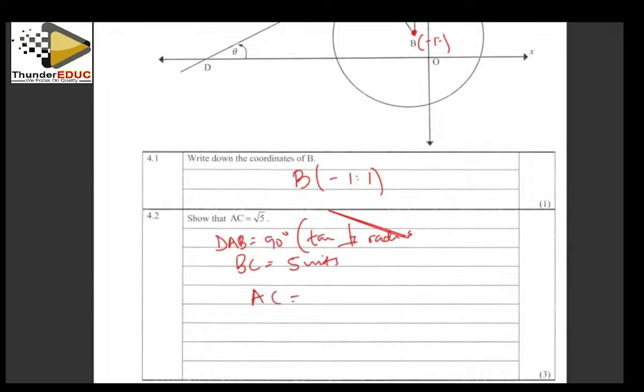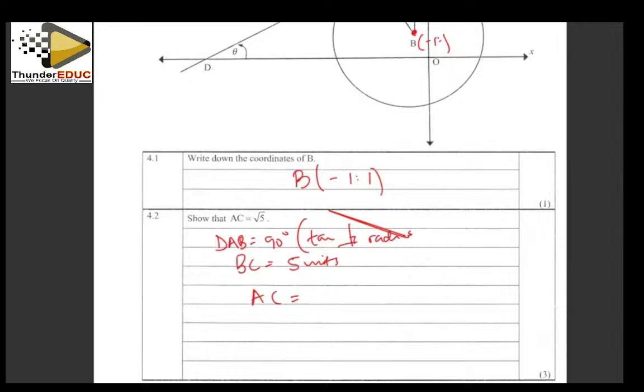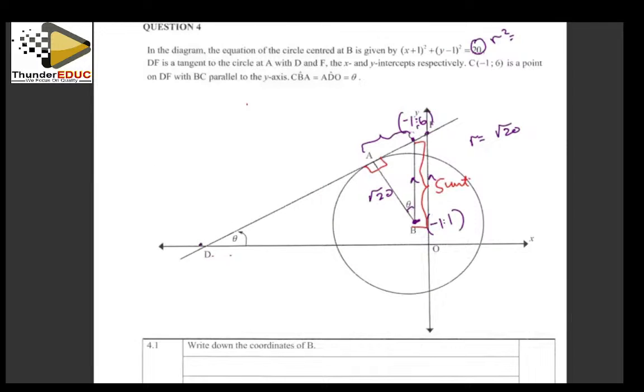For AC, the hypotenuse is the longest side, which is 5. So it's going to be 5 squared minus root 20 squared, all under the square root sign. 5 squared is 25, minus 20, and that gives us the root of 5. So that is 4.2.